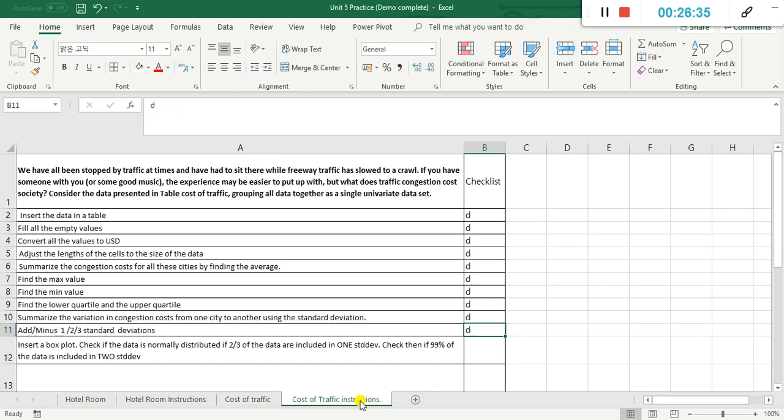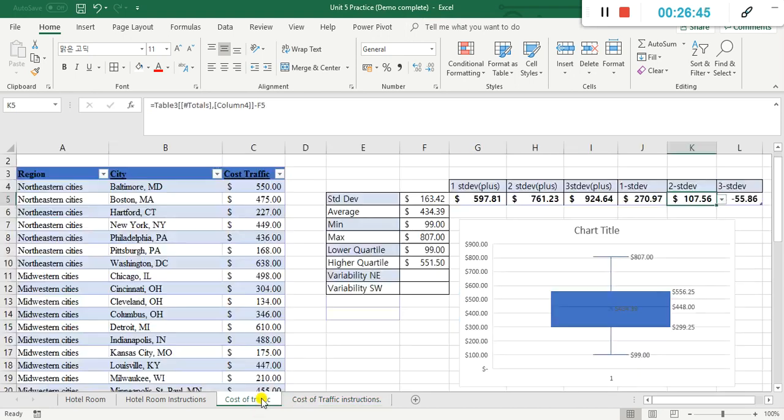So in this case, like I said, the data is normally distributed. 2/3 of the data are included, yes. 99% of the data is in two standard deviations, yes. All the data is already within two, right? 761. Let's look at it. 761.